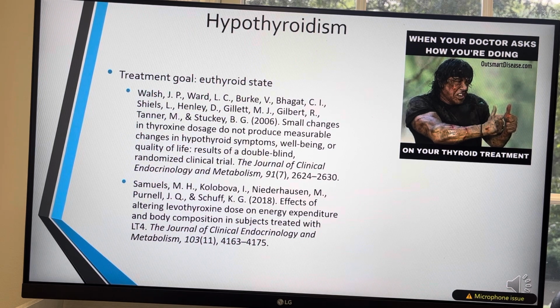So some patients say, oh, I'm still not feeling any better, and they want their thyroid treatment continually cranked up and up and up to the point where it puts them at risk for hyperthyroidism. So your goal should be a euthyroid level of TSH and T4.